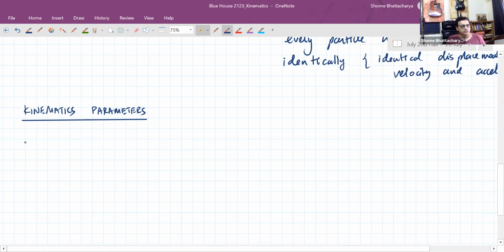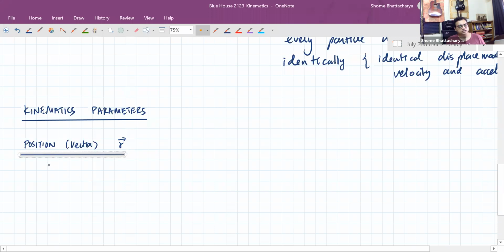So position from now on is not going to be defined by coordinates, but it's going to be defined as a vector quantity. So sometimes we also call it position vector, and it is denoted typically with the symbol R. So when you see the symbol R related to kinematics, it typically means position.